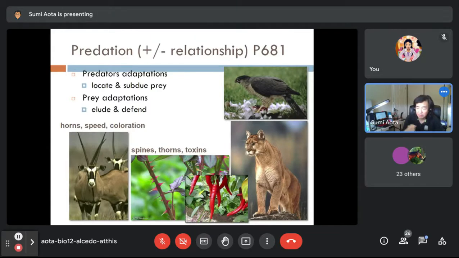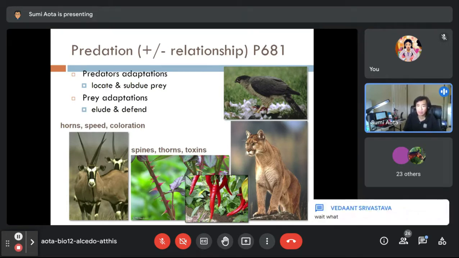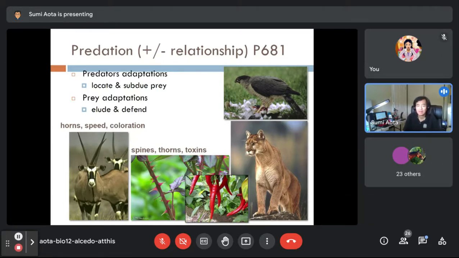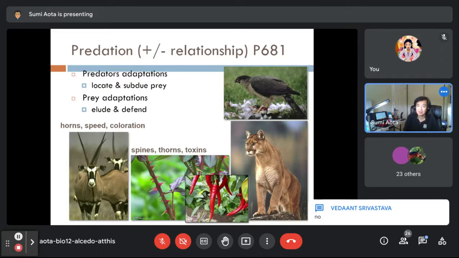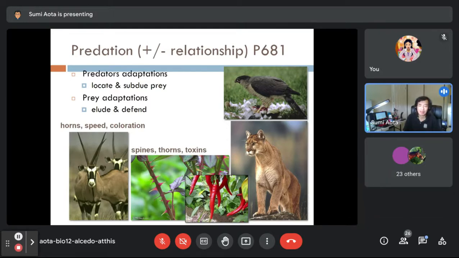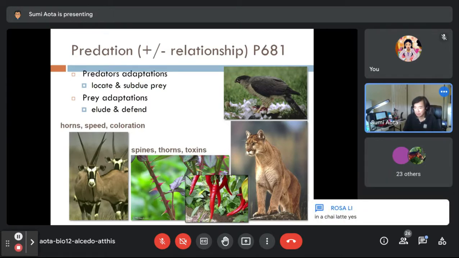Think of chilies, right? A lot of the spices that we like to put in our food are actually defensive toxins. It's just that, weirdly enough, we like the flavor of them. Therefore, yeah, exactly. But not to a lot of other animals, right? You like a little bit of cinnamon, but would you take in a teaspoon of cinnamon? Or a tablespoon, I think is a challenge. Oregano, thyme, rosemary. Okay.